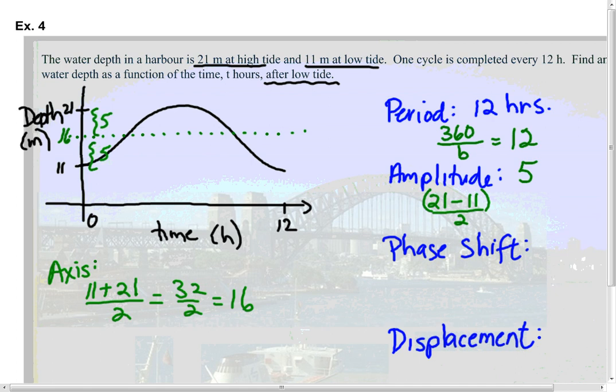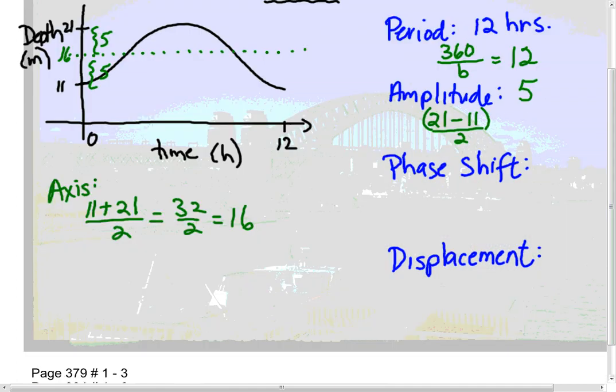Phase shift. That's probably the trickiest decision. The phase shift depends on which function we're thinking this would best be represented by, sine or cos. This one to me starts on a low, goes to high, goes back to low again. So it most closely, to my eyes, represents a cos function upside down.